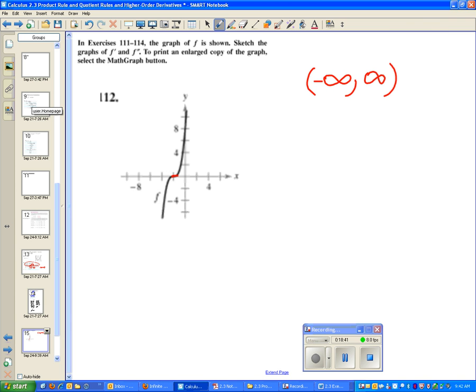What's a way to make it positive but equal 0 right there? Doesn't do it, right? I'm not saying at this point that's the only way it could look, but that satisfies it, doesn't it? All right, so that's f prime.